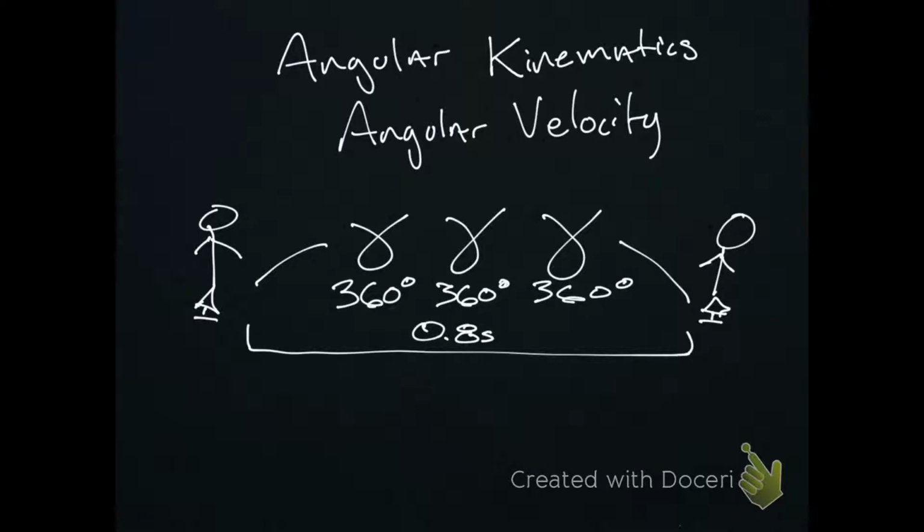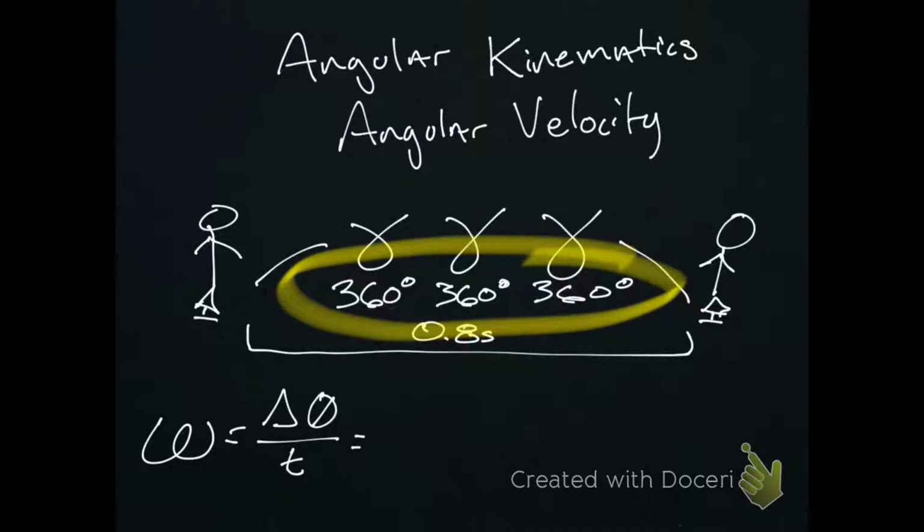We represent angular velocity with the Greek letter omega, and it is that change in theta over the time. In this case, we know the total displacement that this ice skater did is those three 360s all added up together.